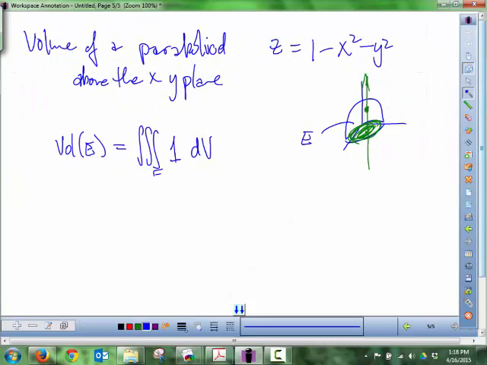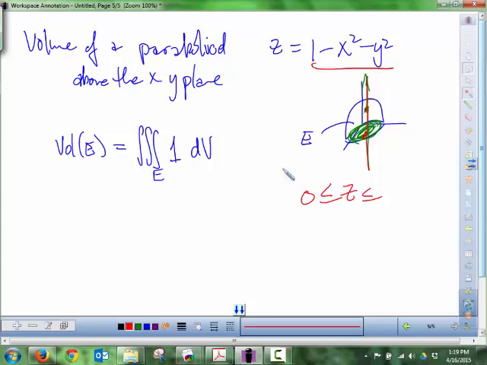So looking at our problem again, the idea is to describe this in polar coordinates. And so we'll see that when we describe this in polar coordinates, it's essentially going to be the same thing that we had, except for one minor change. When you draw a line parallel to the z-axis, you enter through the region where z is equal to 0, and you exit through that region when z is equal to 1 minus x squared minus y squared.